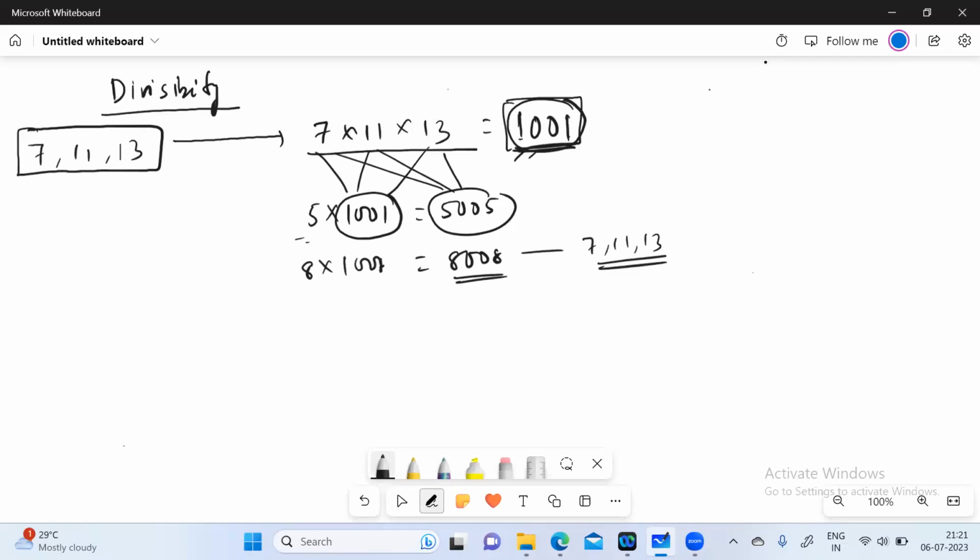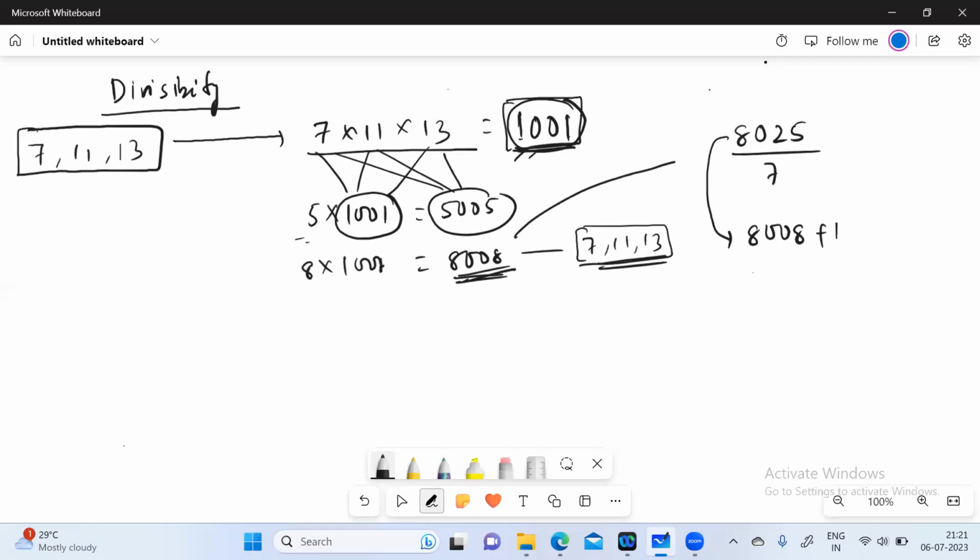So we cannot directly check a number through this rule, whether it gets divided by 7, 11 and 13, but we can break the number into two parts. Let's say somebody asks me whether this number gets divided by 7 or not. What I'll do here is break this number as 8008, which is this, plus 17.